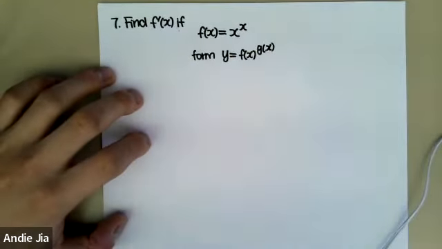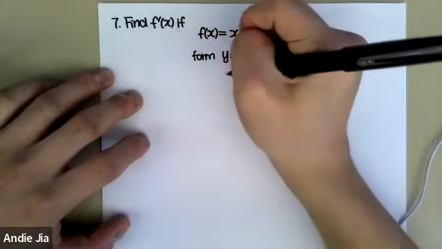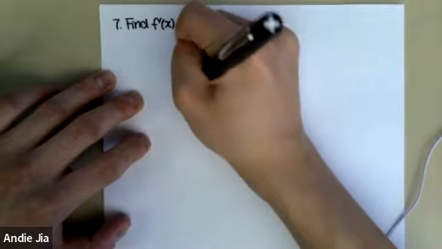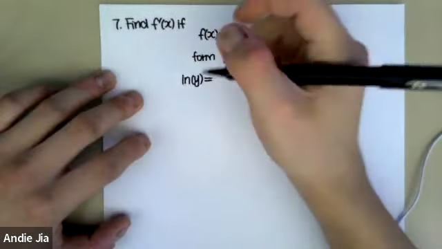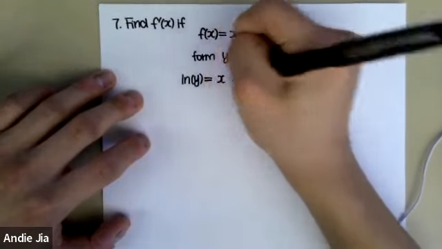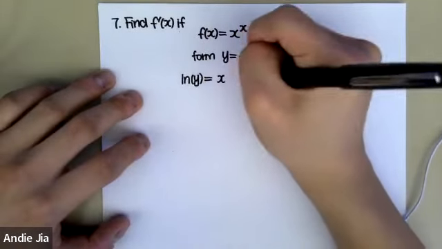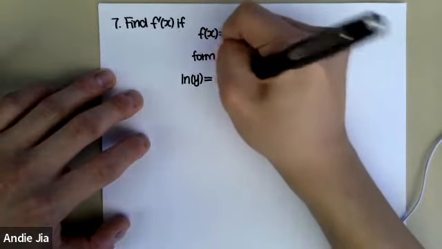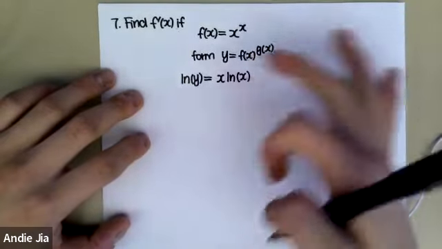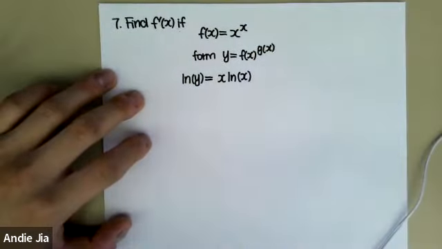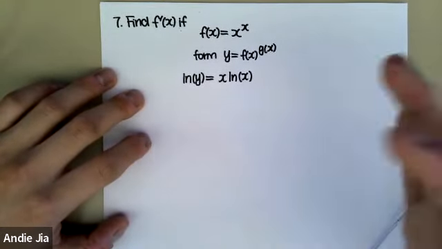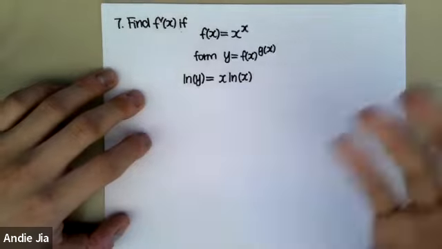So the first step is to write out the natural log of y equal to g of x, which is x, times the natural log of x, because it's the natural log of f of x. Then you want to take the derivative, just like implicit differentiation, but it's logarithmic differentiation.